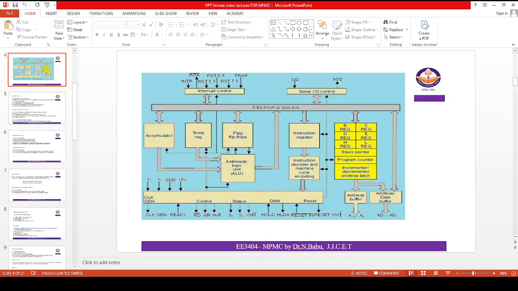How to communicate? It is a combination of 2 8-bit registers. How will they combine? B and C. Finally, we get the BC register pair. B is one of the 8-bit registers, C is another 8-bit register. Both are combined and we get the BC register pair.